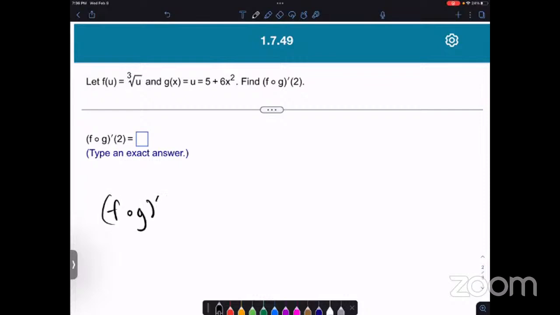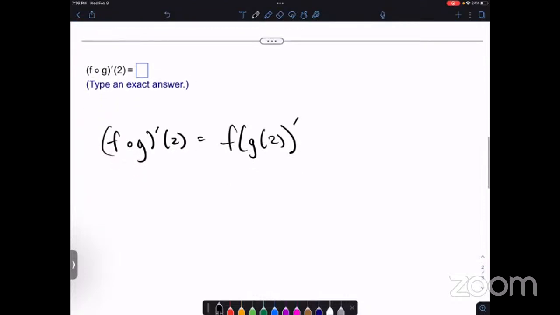This means we're doing what? f of g of 2, and we want to take the derivative. So this is like the chain rule, right? The derivative of the outside function times the derivative of the inside function. All right. Mhm.